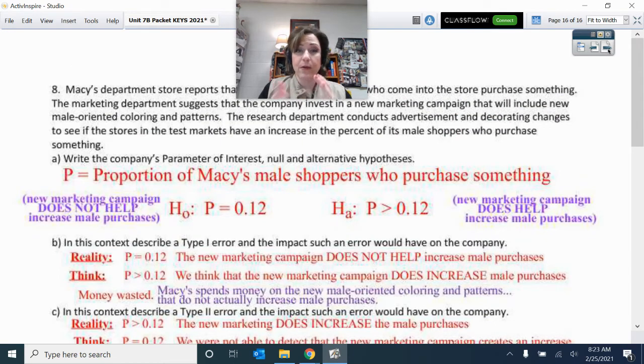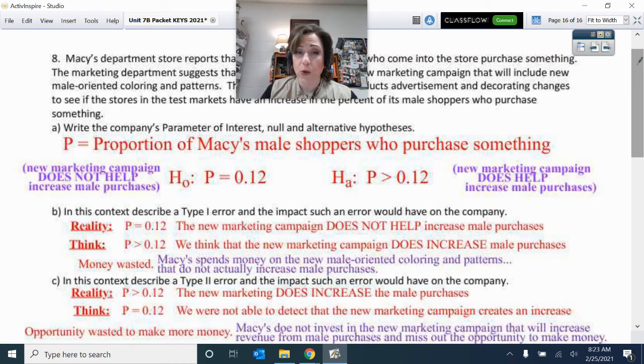All right, now we have this problem. It takes us through lots of things here. So here we go. This is the Macy's department store problem where they're trying to increase the proportion of male shoppers who buy something based on changing some coloring patterns, think changing the decor of the store, that kind of marketing.